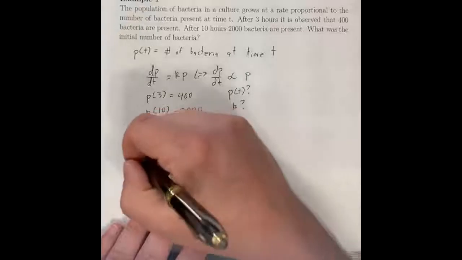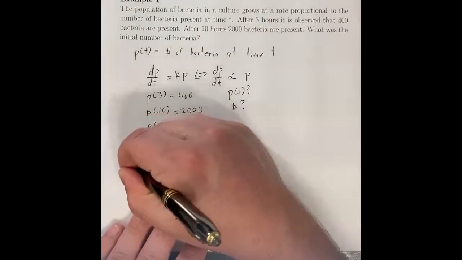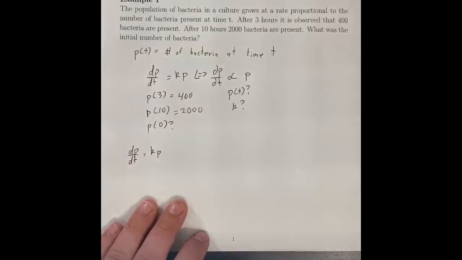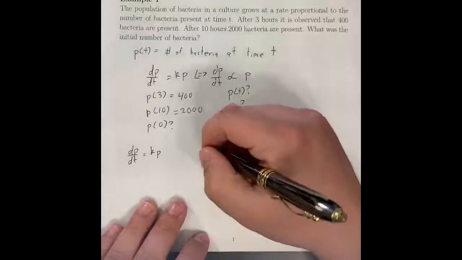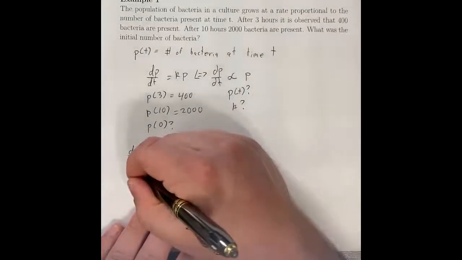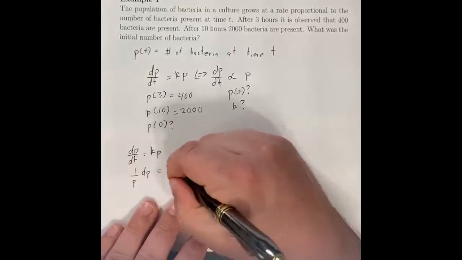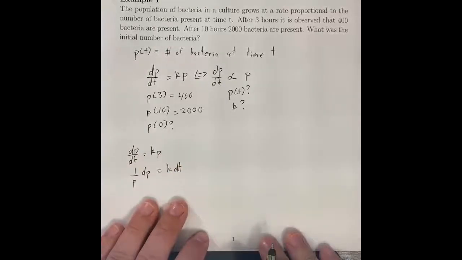So dP/dt equals k times P. That's separable. So we could write that as 1/P dP = k dt, and then integrate both sides.